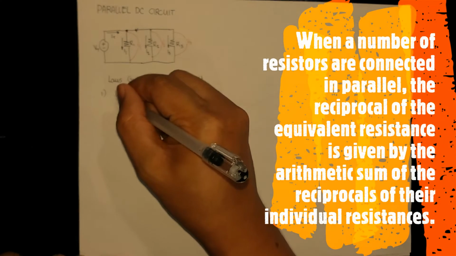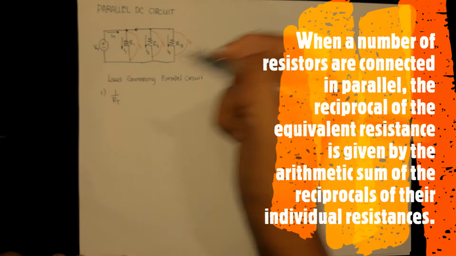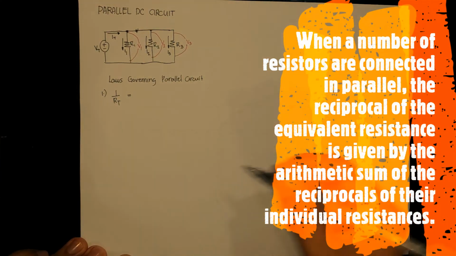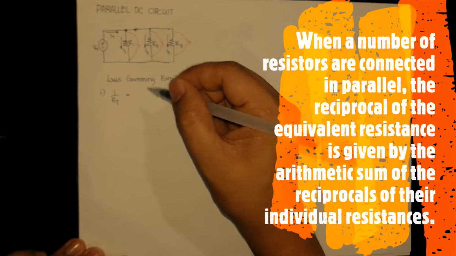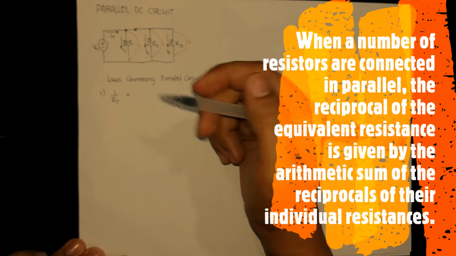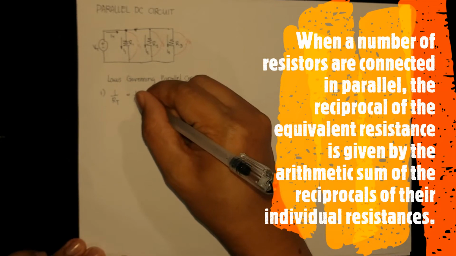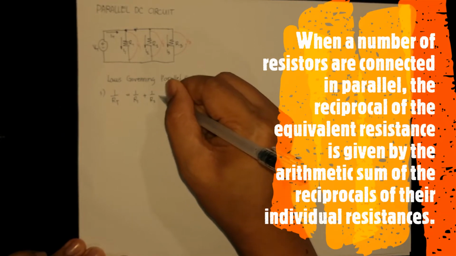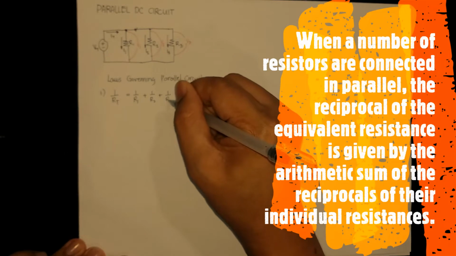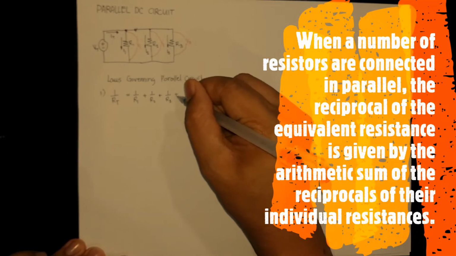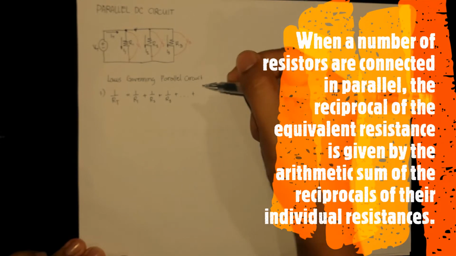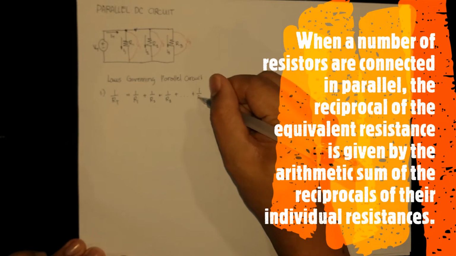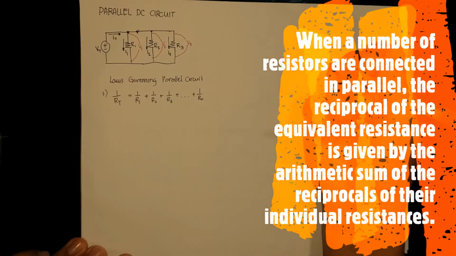The reciprocal of the total resistance is actually equal to the sum of the reciprocal of individual resistances, meaning that is 1 over R1 plus 1 over R2 plus 1 over R3 plus, if ever there are more than 3 resistors connected in parallel.